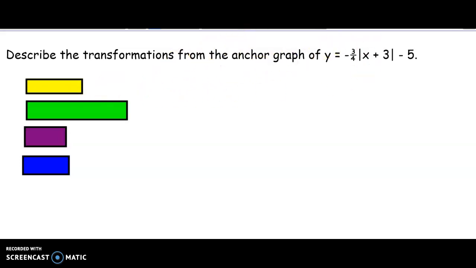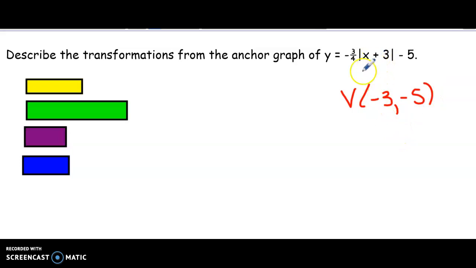Describe all of the transformations from the anchor graph. So again, you can draw your anchor graph. You can also plug this in, but let's try looking at it from here. Well, my vertex is located now at -3, -5.